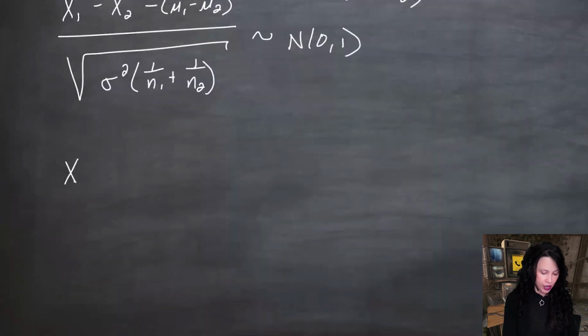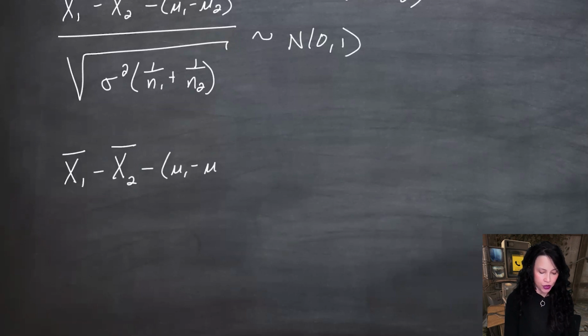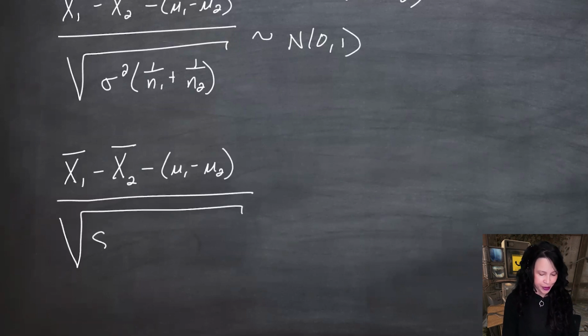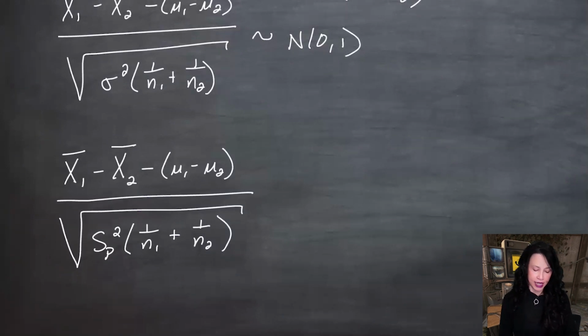If we start with X1 bar minus X2 bar minus (mu1 minus mu2) over the square root, I'm writing bigger and bigger, and I need a lot of space, so kind of regretting it, but if we replace it with the pooled variance, the question is, what is the distribution here?